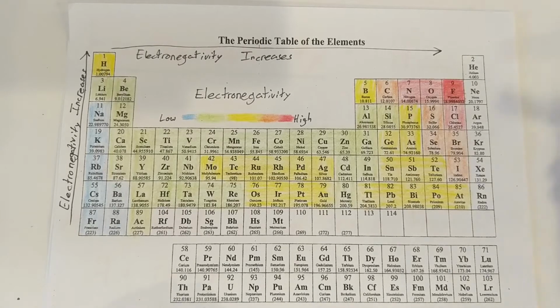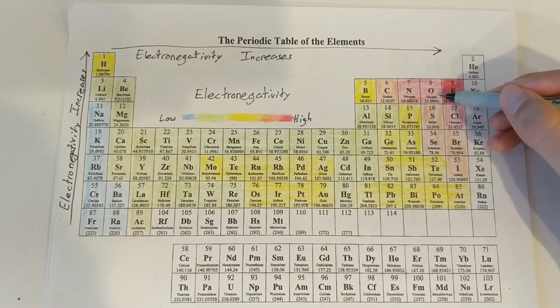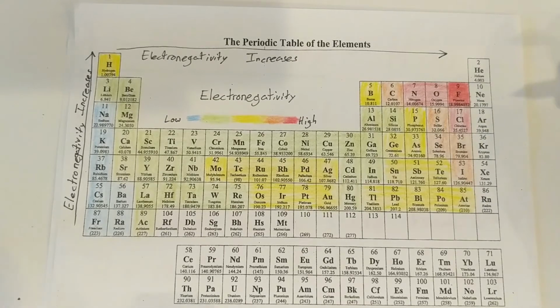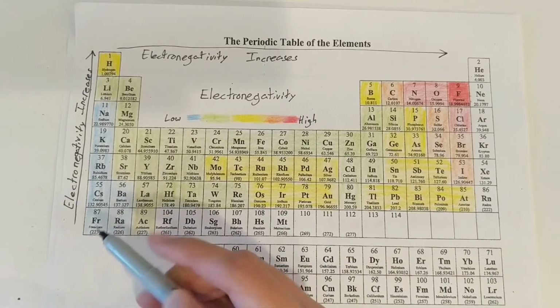So our element with our highest electronegativity by a lot would be fluorine, followed by oxygen and chlorine and nitrogen. And our element with our lowest electronegativity is going to be all the way down on this bottom left side, francium.